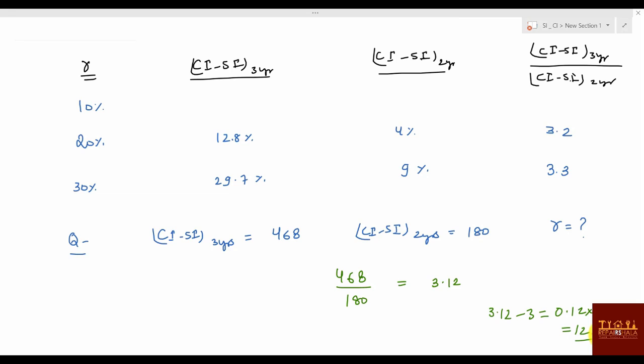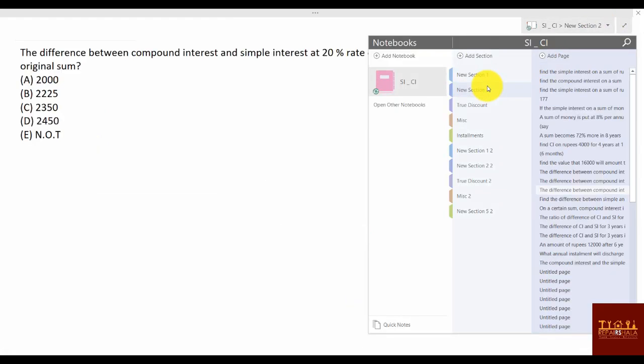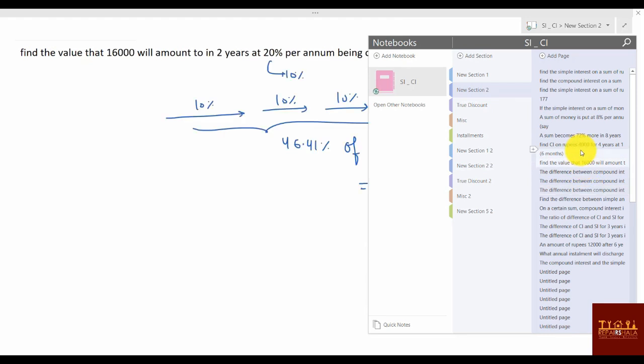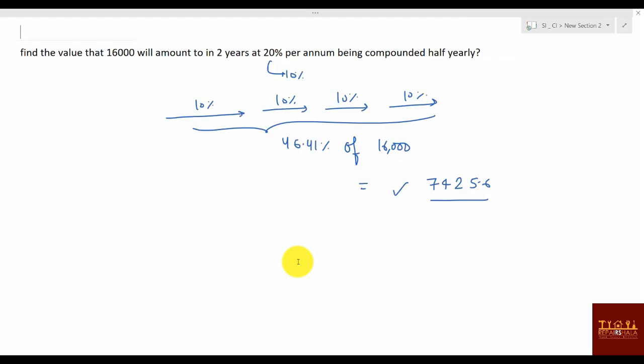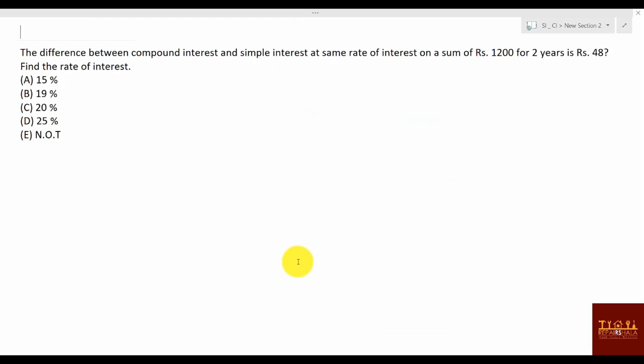Let's solve some questions based on this. Okay. Now, the difference between compound interest and simple interest at the same rate of interest on a sum of 1200 for 2 years is 48 rupees.